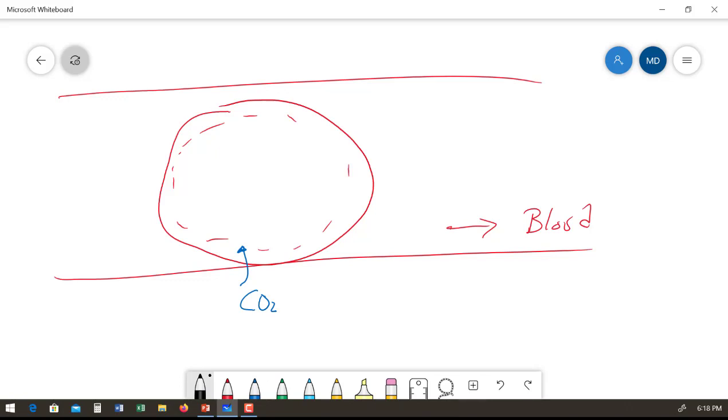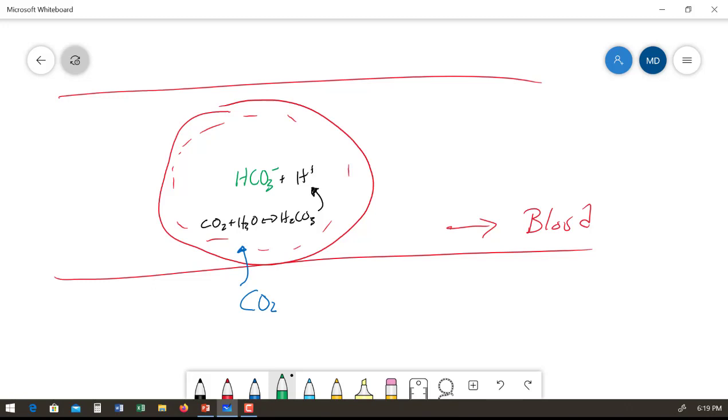This CO2 combines with water, that becomes carbonic acid, and then that in turn is going to split and become hydrogen ions, and bicarbonate, HCO3 minus. So basically now our carbon dioxide is bound as bicarbonate.